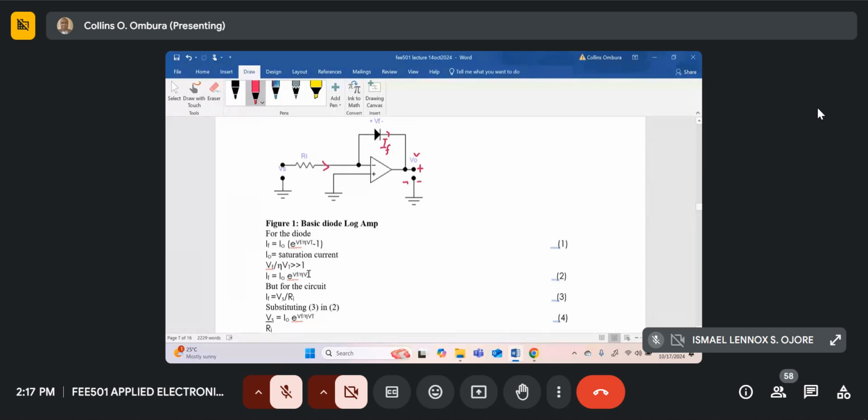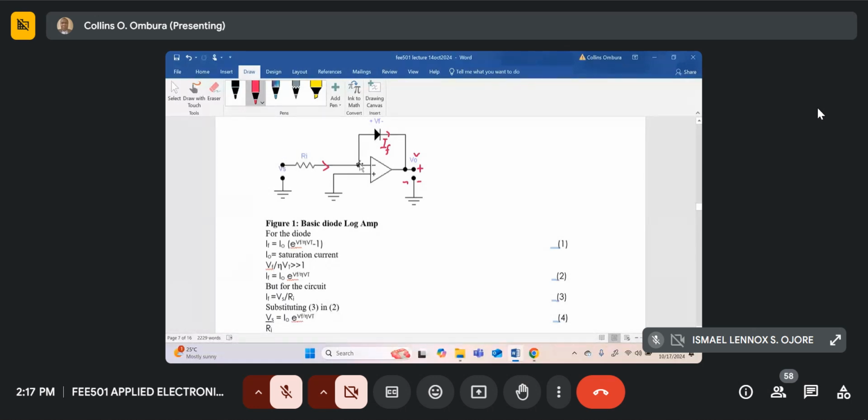Now, if we look back into the circuit, IF is the current passing through the diode. And from your theory of op-amps, Vs must be the one responsible for providing this current IF. And of course, this will only work when the top side of Vs is positive, so the current can flow through R1.